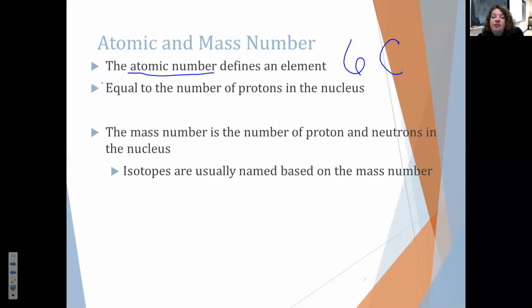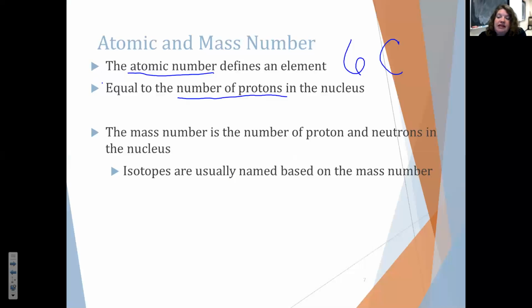And the atomic number is equal to the number of protons in the nucleus. So anywhere you go in the universe, if you find an element that has 6 protons in its nucleus, you can say this is carbon. If you find something and say this is carbon, it better have 6 protons in the nucleus.